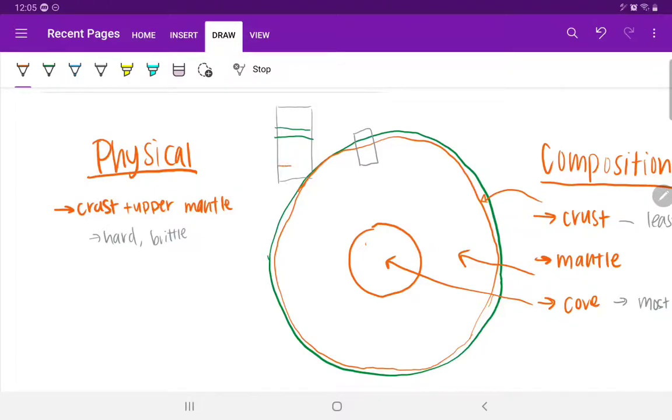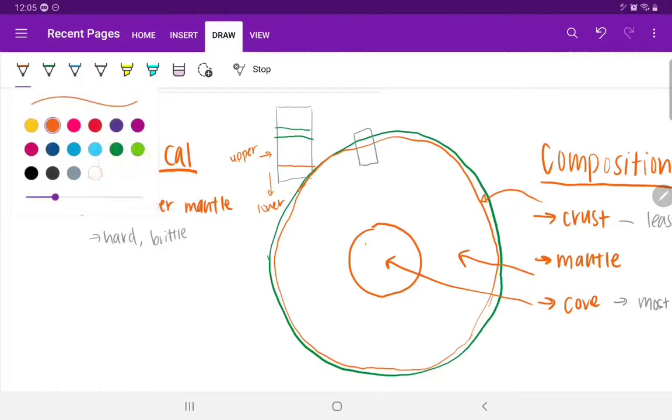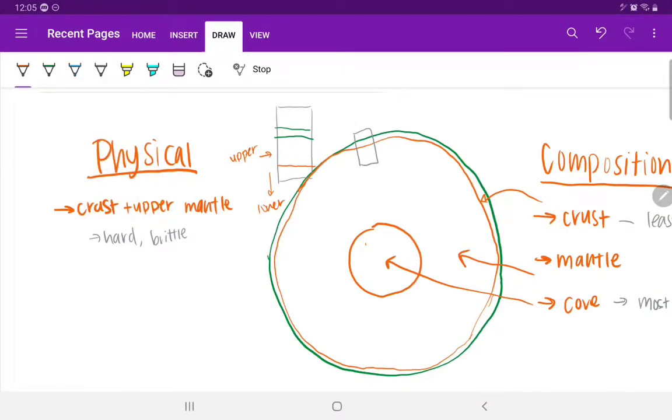And then we have a part of the upper mantle here. The lower mantle starts below this line. Since both the crust and upper mantle exhibit similar physical properties, and they're hard and brittle, together they form what's known as the lithosphere.